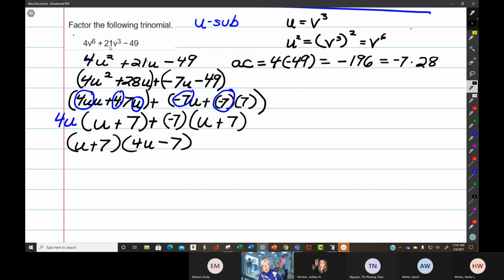This whole problem was written in v's, not in u's. So, since u equals v to the third, I'll go v to the third plus 7 times 4v to the third minus 7.